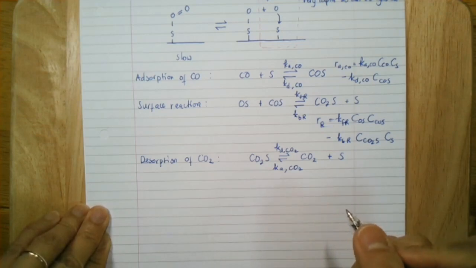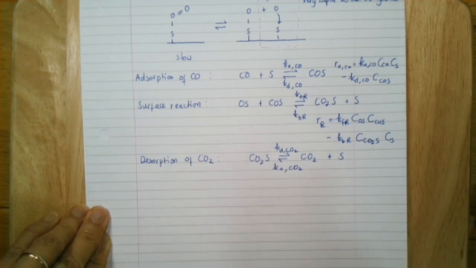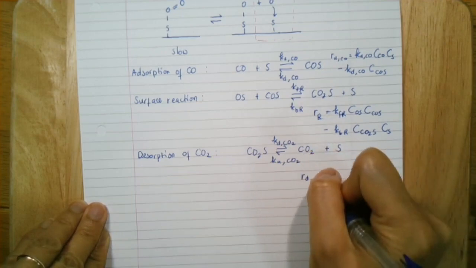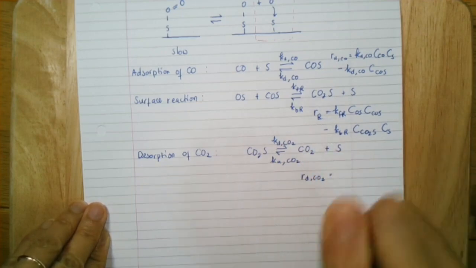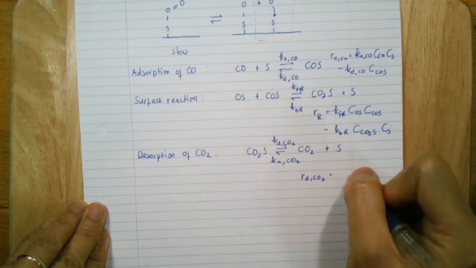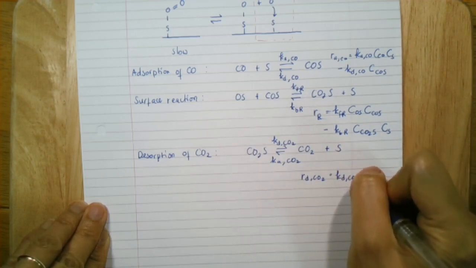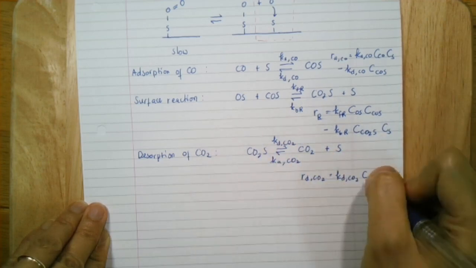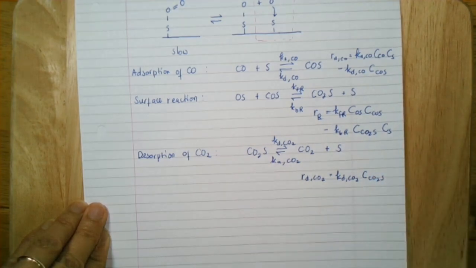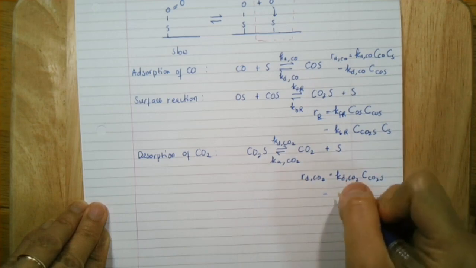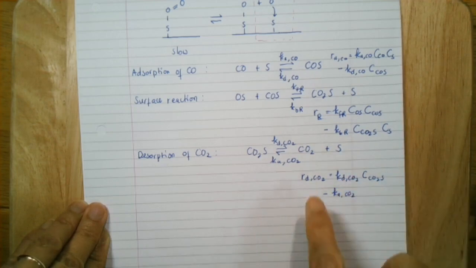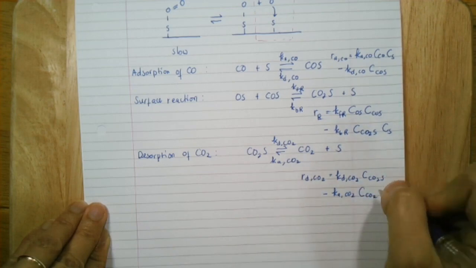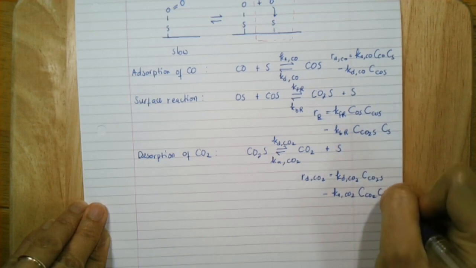The net rate of desorption of CO2 is equal to the rate of the forward step, KD CO2 times the concentration of CO2S, minus the rate of the reverse step, Ka CO2 times the concentration of our product, CO2, and the concentration of the vacant site.